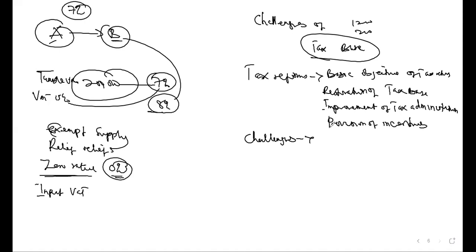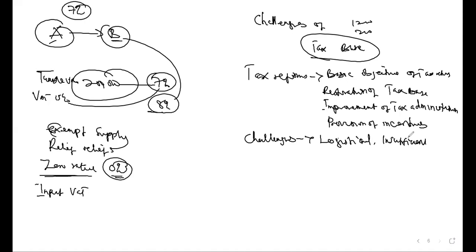Now, the challenges. Anytime there is a tax reform, definitely there will be logistical challenges: the tools and equipment needed to implement that particular tax reform. There will be inadequacy of the logistical equipment for the tax administrators to implement the tax changes. There will be insufficient information.